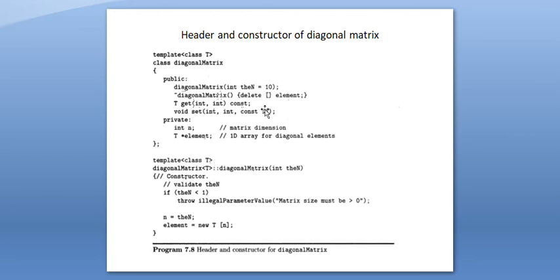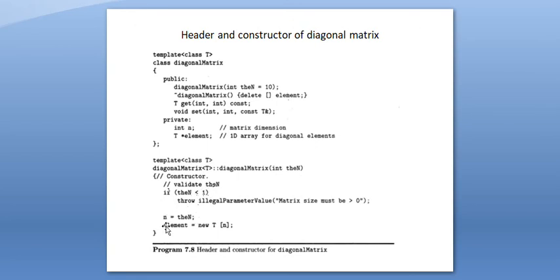So what happens if you don't provide any argument to the diagonal matrix? You just use diagonal matrix D, an object with no argument. Here the n value is 10, as we have already discussed. Then it checks whether n is less than 1. No, that's not the case.